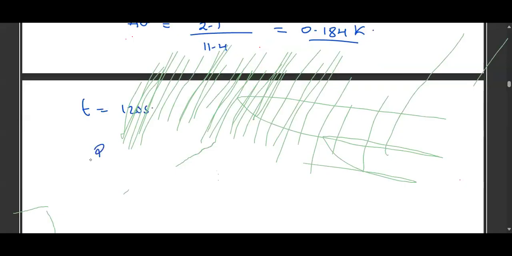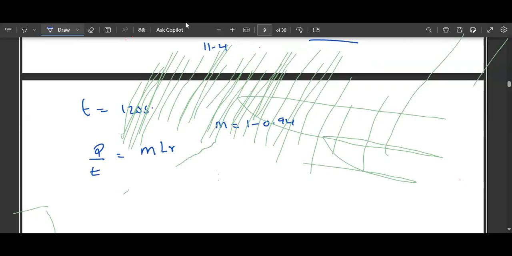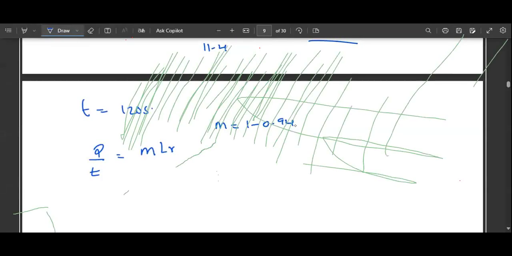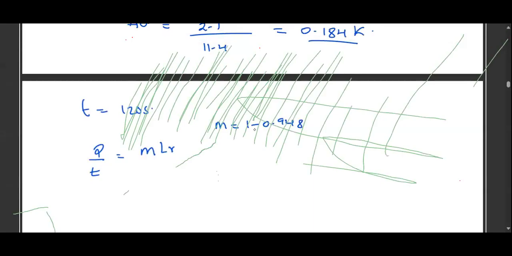Now we have Q divided by T is the same as M L V, whereby the rate at which heat is transferred is equivalent to the rate at which the water is evaporating. But our M is going to be 1 minus 0.948, because that's what was remaining in the kettle, to come up with the mass that evaporated.